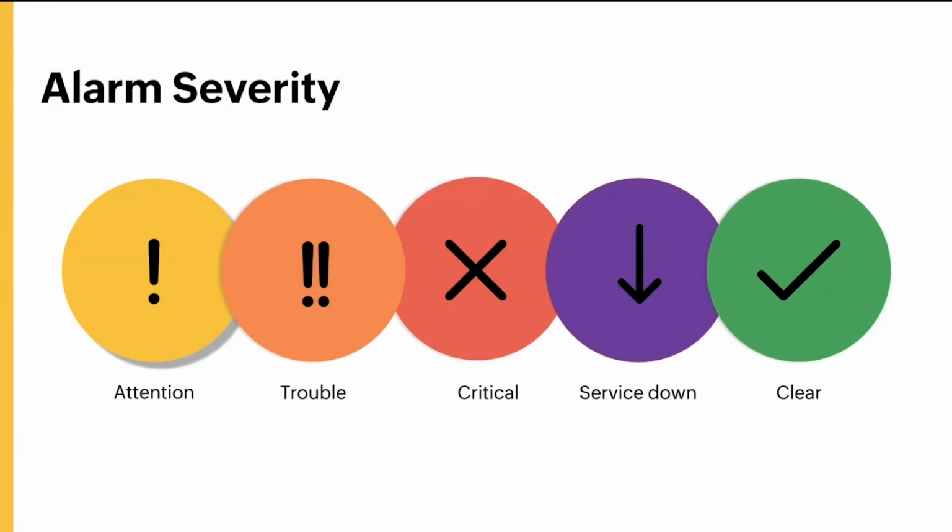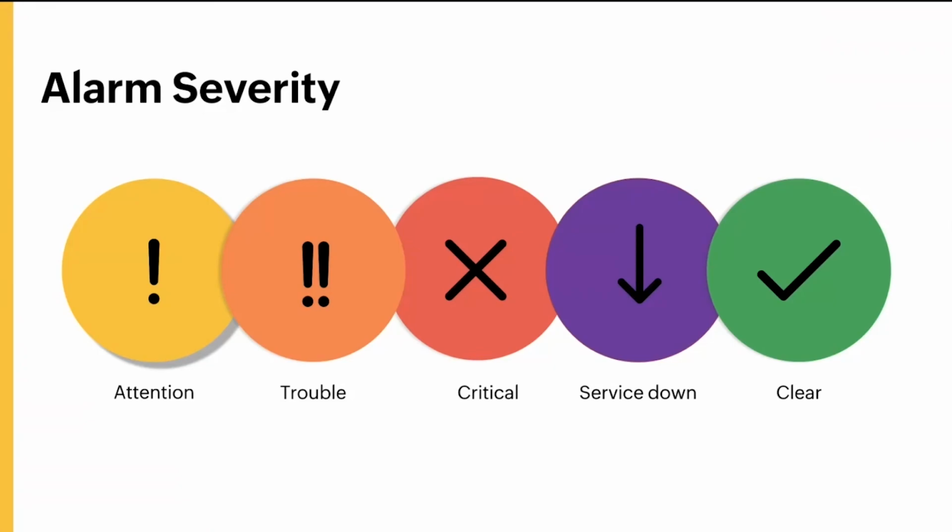These have been color coded to help you understand the severity of the issue just by looking at the color codes in the notification. Each severity is associated with a specific color: yellow for attention, orange for trouble, red for critical, purple for service down, and green for clear. These are predefined colors and note that they cannot be changed.